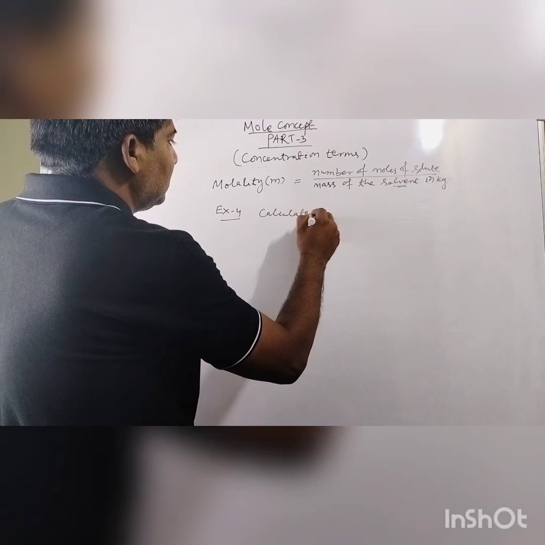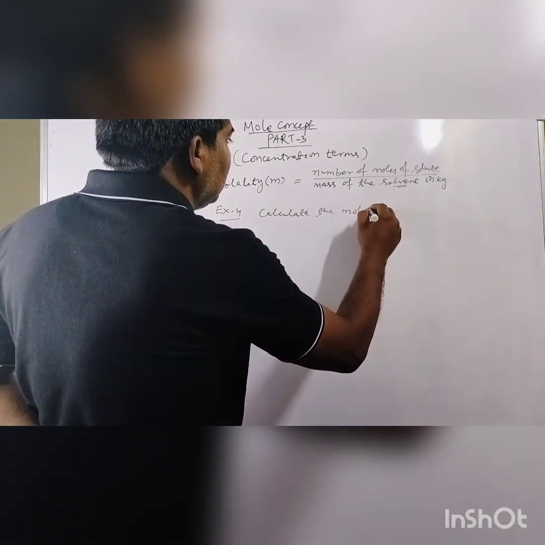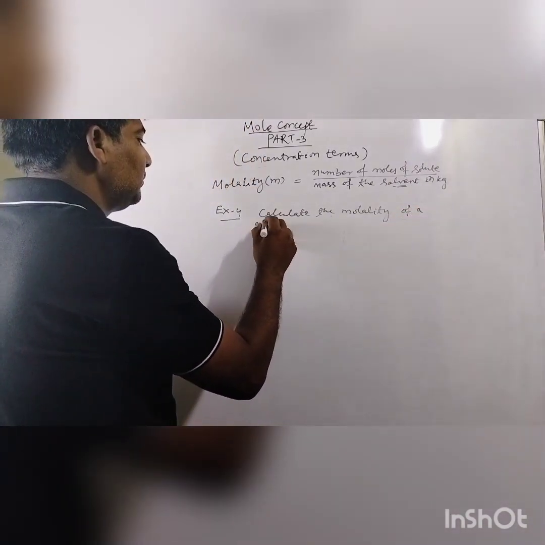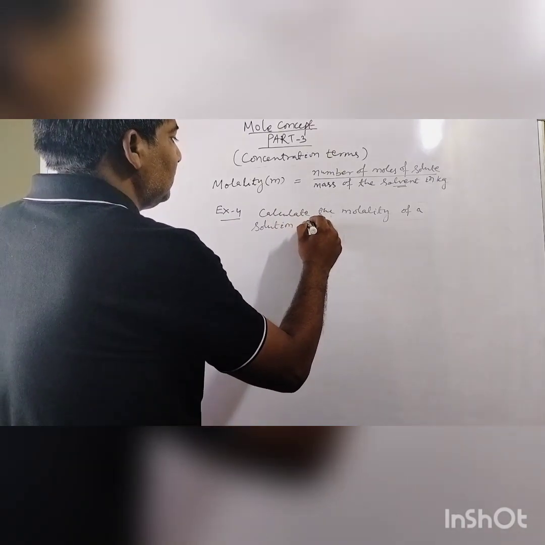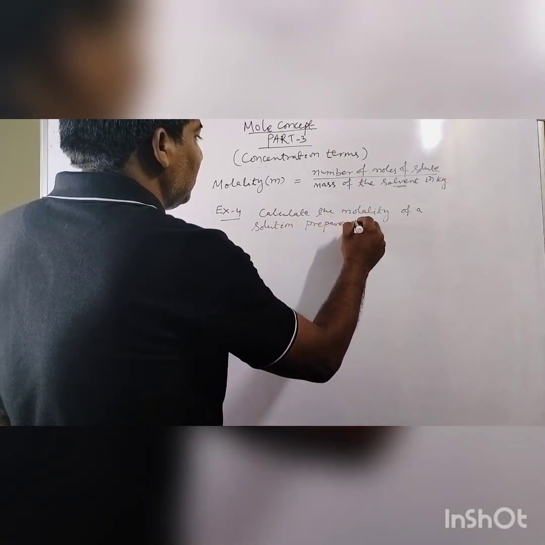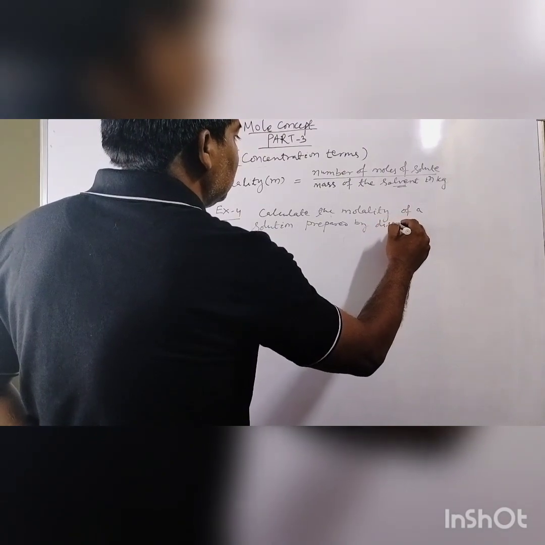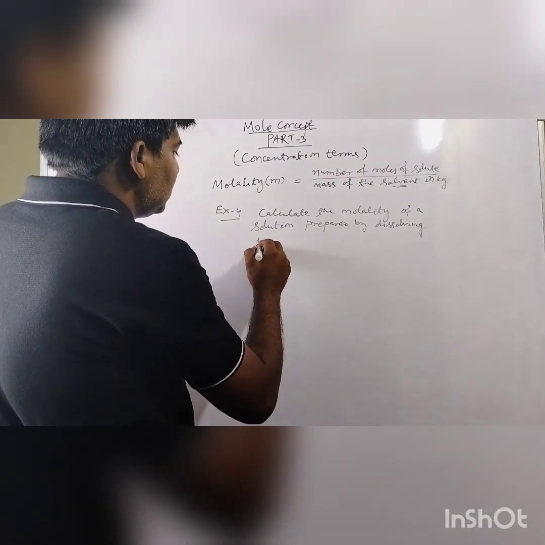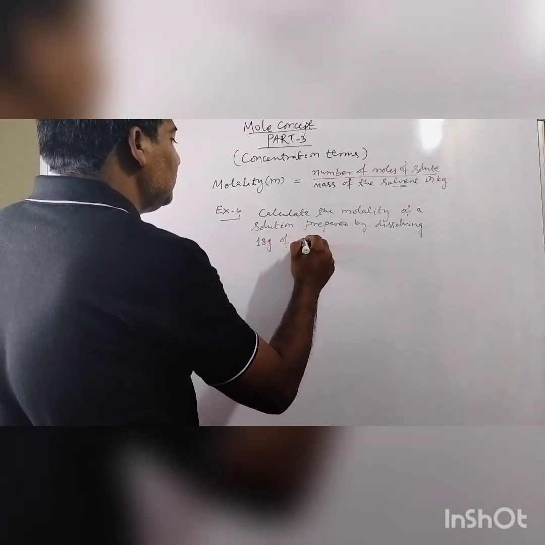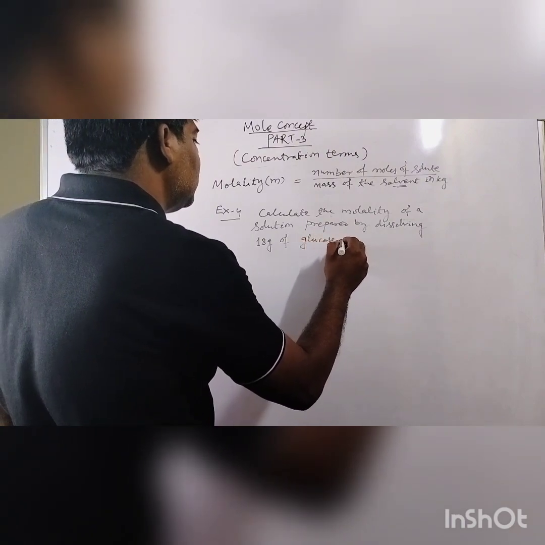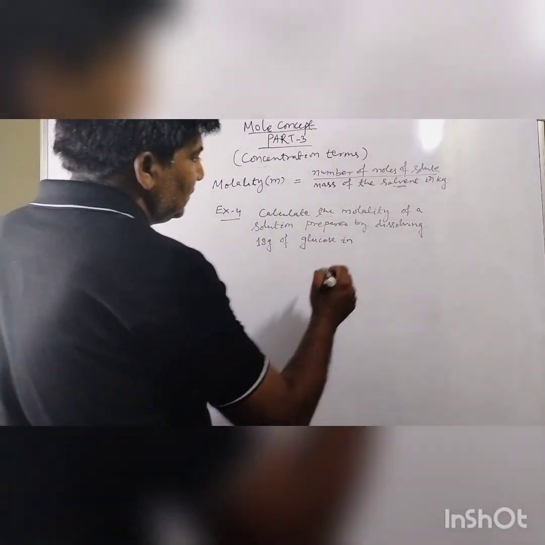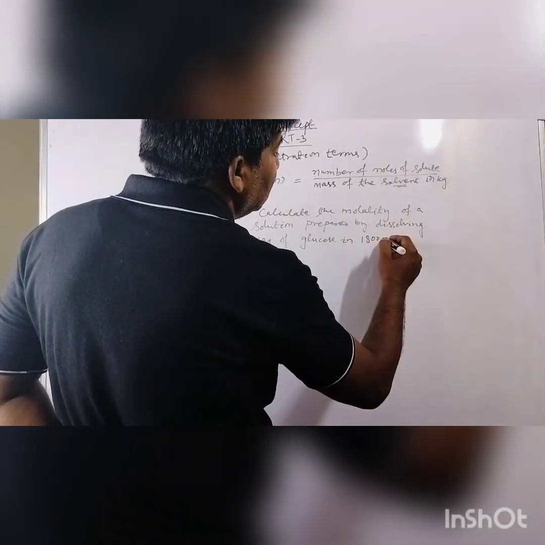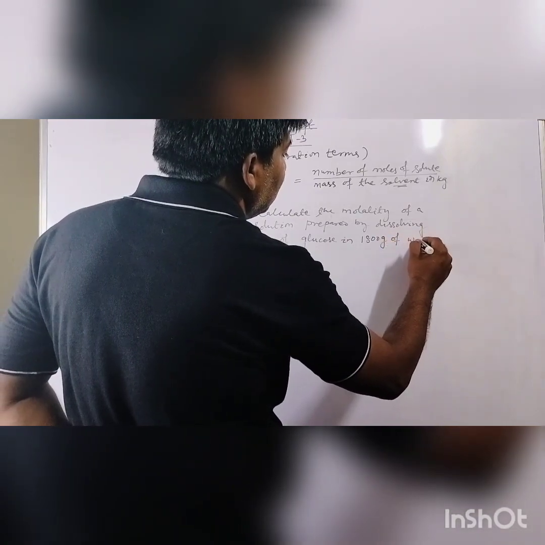Calculate the molality of a solution prepared by dissolving 18 gram of glucose in 1800 gram of water.